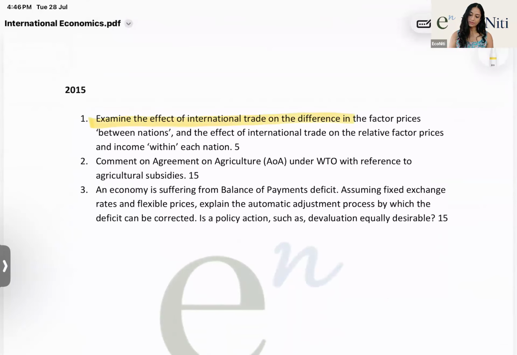Examine the effect of international trade on the differences in factor prices between nations, the effect of international trade on relative factor prices and income within each nation. What is this? This is a result of the Heckscher-Ohlin model. Okay, so you have to just be very clear. If you know the theory, then this will be done. Now you can see what a low hanging fruit the Heckscher-Ohlin model is, the same questions keep coming round and round.